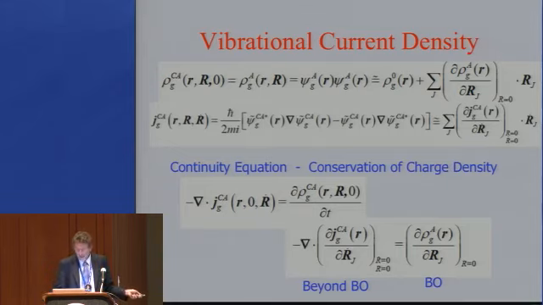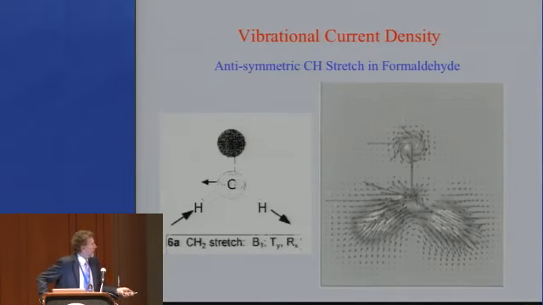And we've actually plotted current density. You've all seen normal modes expressed by displacements of nuclei, but you've probably never seen what the corresponding velocity maps are for current density. What's interesting is that this is just formaldehyde, this is an oxygen. When this hydrogen goes in, there's a little bit of back recoil from the carbon, and this hydrogen comes out.